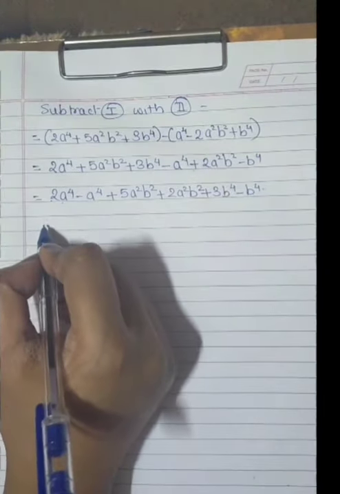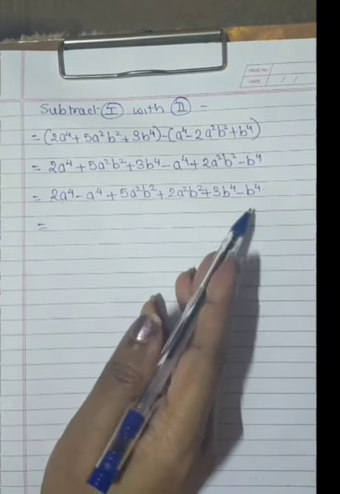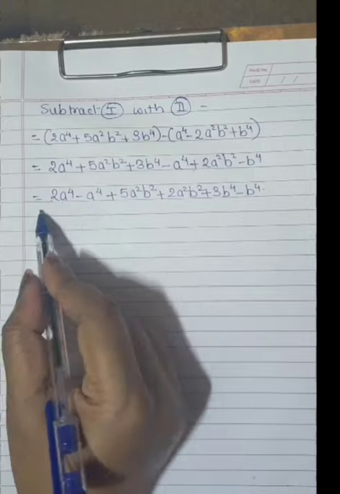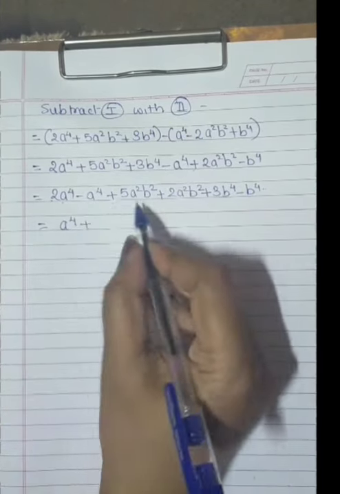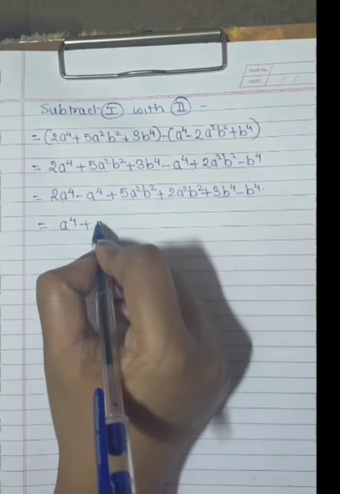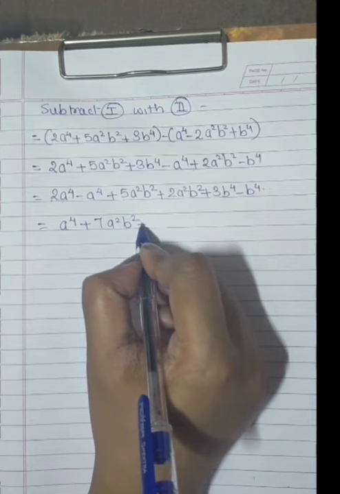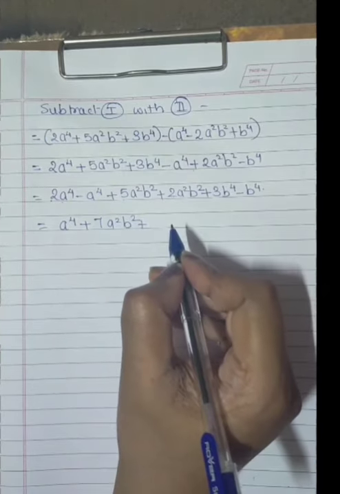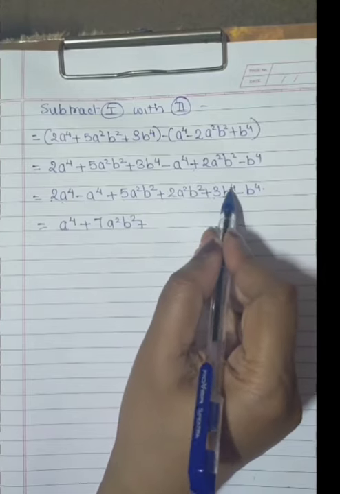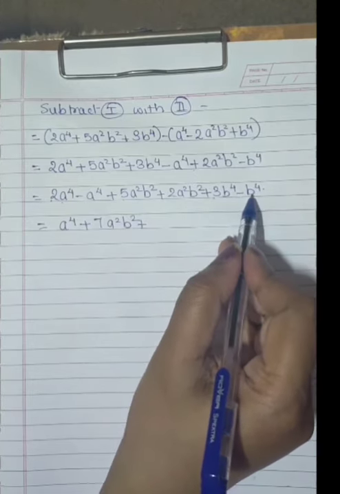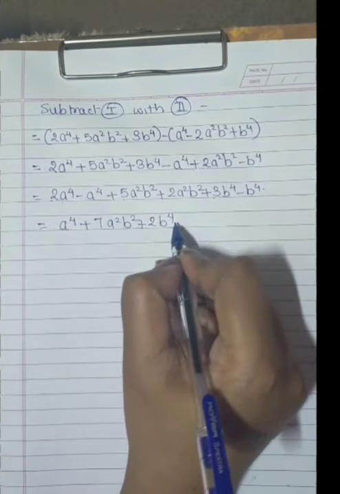Now again the next step will be, as you can see, this will become minus, so we will get a to the power 4 plus 5 plus 2 is 7a square b square plus 3b to the power 4 minus b to the power 4, we will get 2b to the power 4.